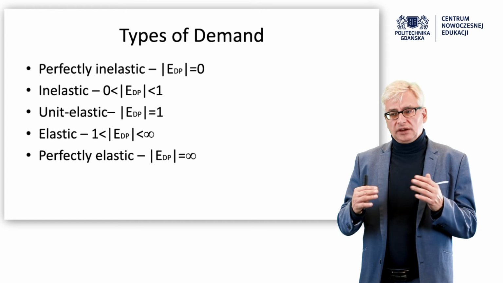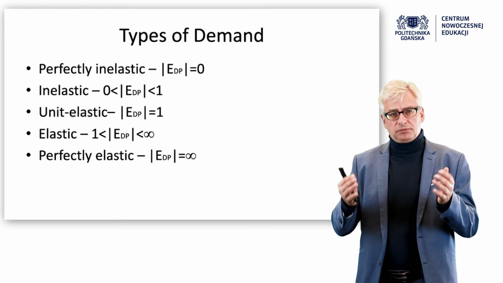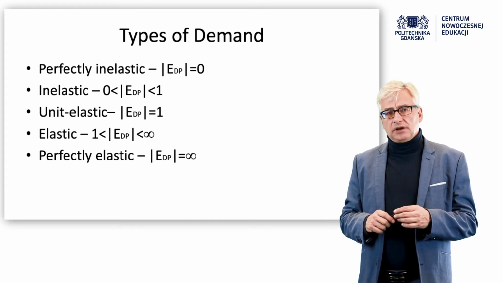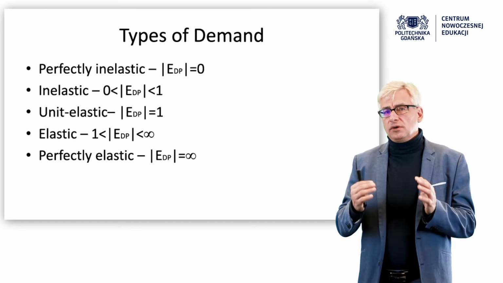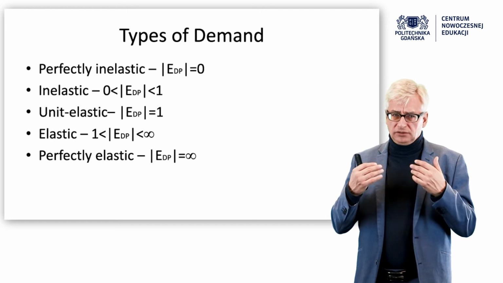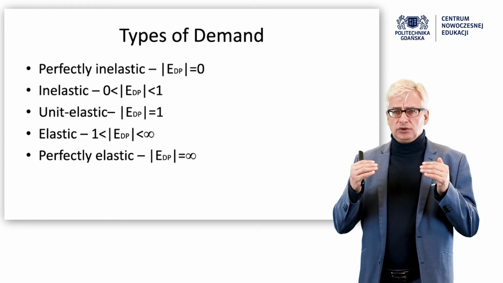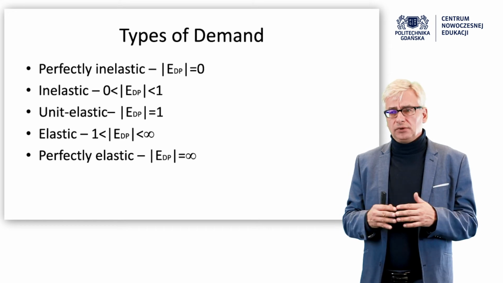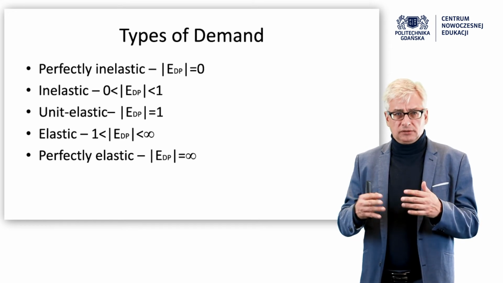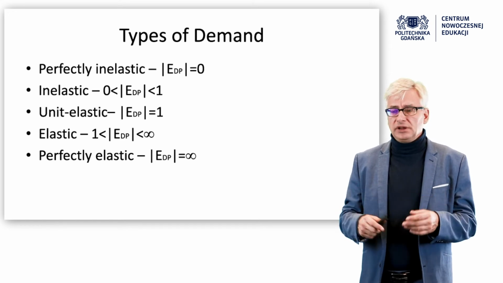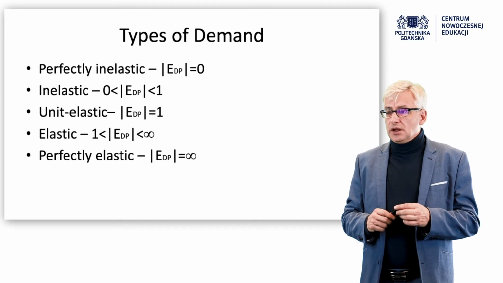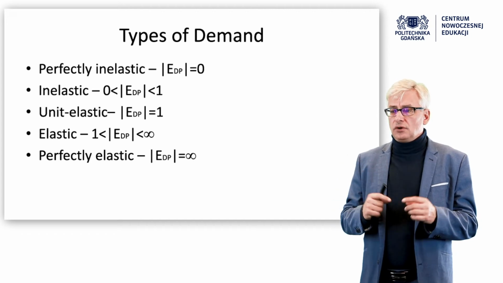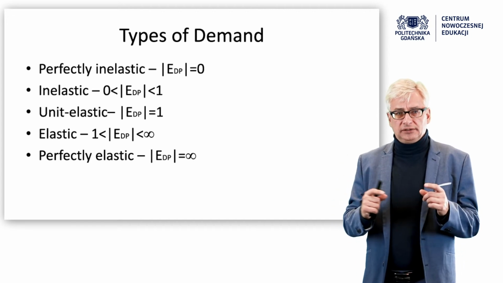So both those cases, perfectly elastic and perfectly inelastic demands, are more theoretical concepts, and it is quite difficult really to find a very good, reliable example from real, everyday life. Let's focus rather on elastic and inelastic demand.